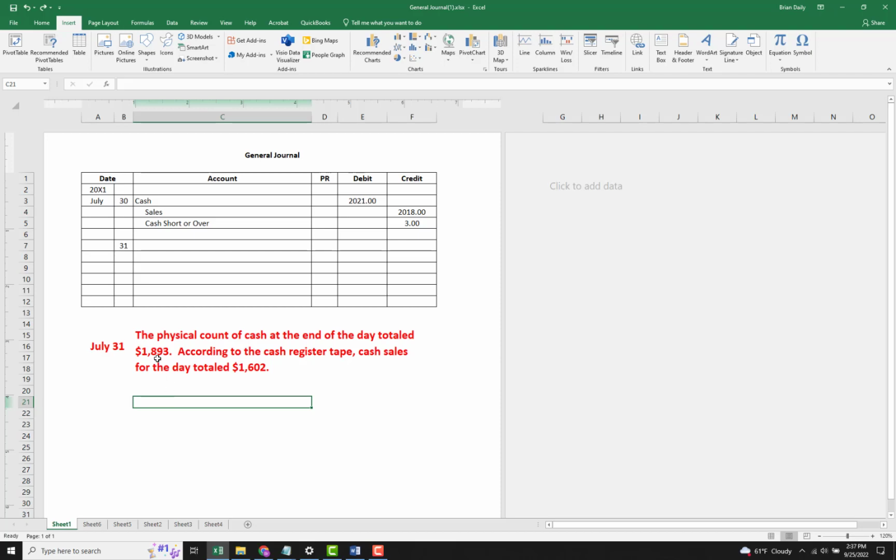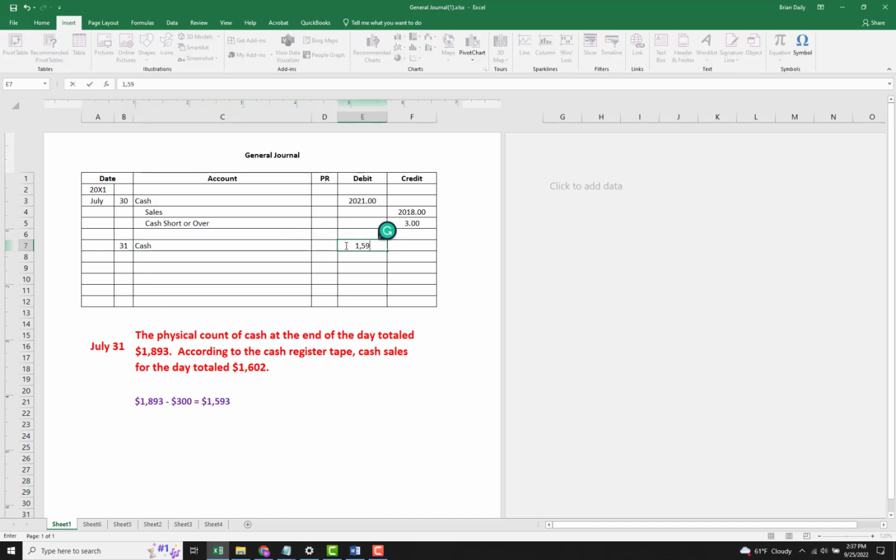So we start with that physical count of $1,893. And from that, we subtract the amount of money that was in the change fund at the beginning of the shift, which was $300. So by taking the difference there, we can see that the business gained $1,593 of cash. So since the business is gaining cash, we're going to debit cash to increase it for that amount.